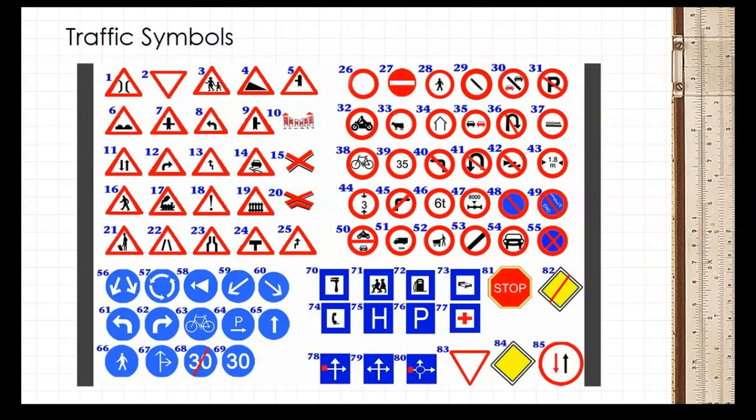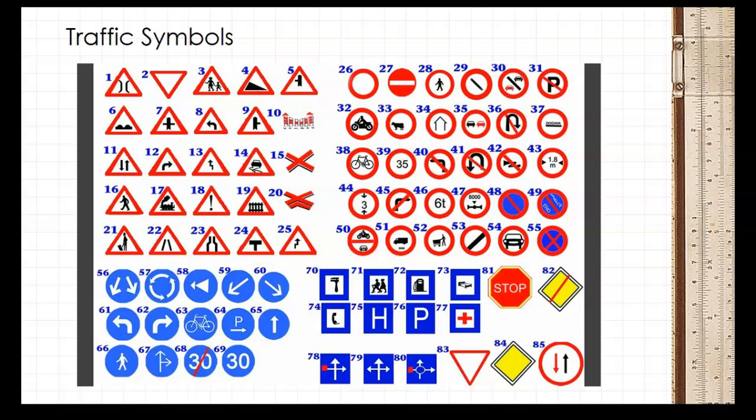Traffic symbols. I don't know how recently any of y'all took your traffic test, but there are quite a few symbols out there that we always have to know, right? And most of them visually, they have created ways for us to go, oh, this means that. This one right here, the one at the very top, the red with the white line through it, generally means what? Do not enter.